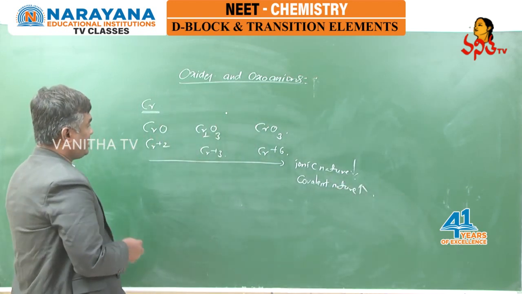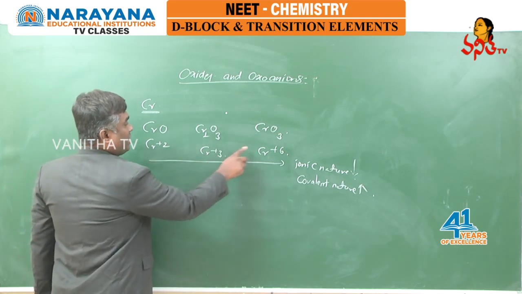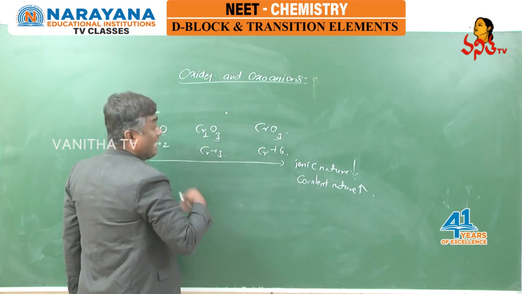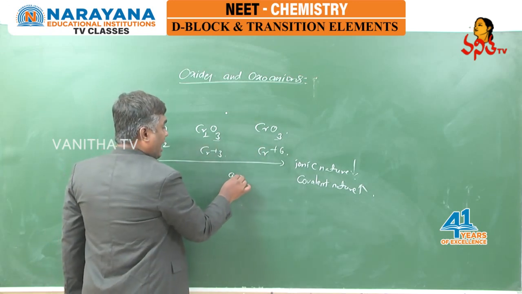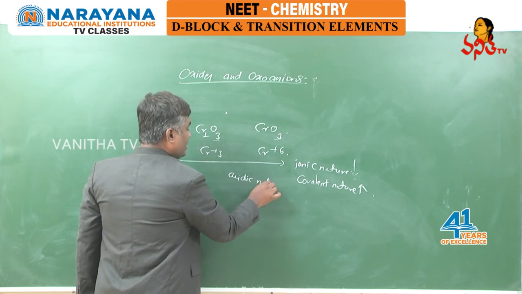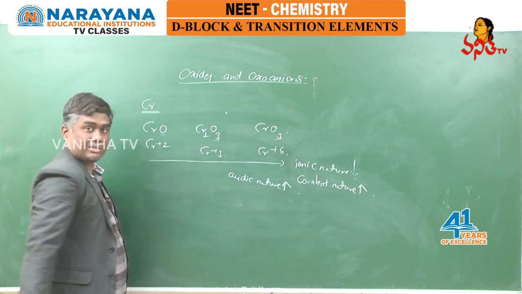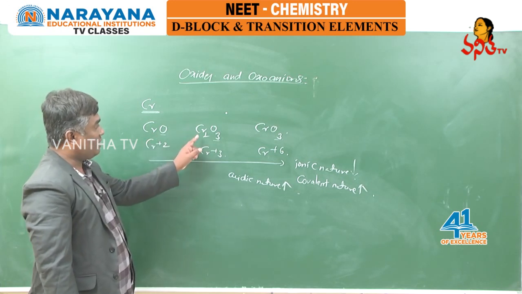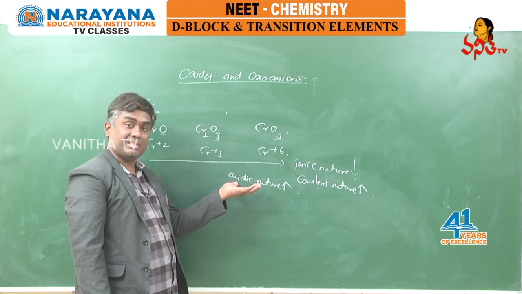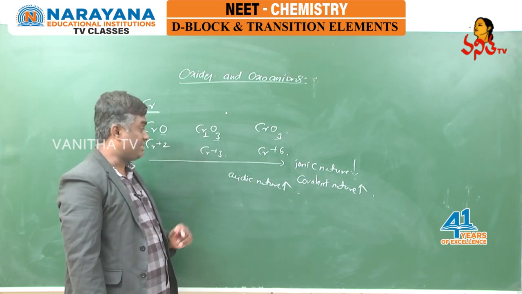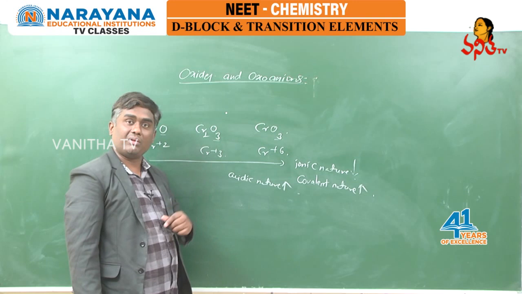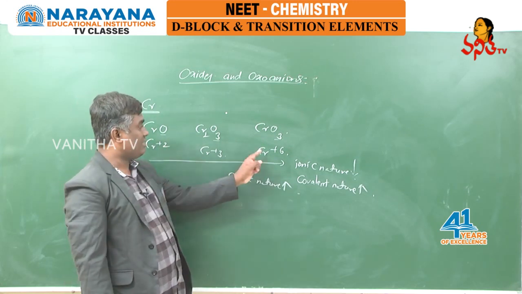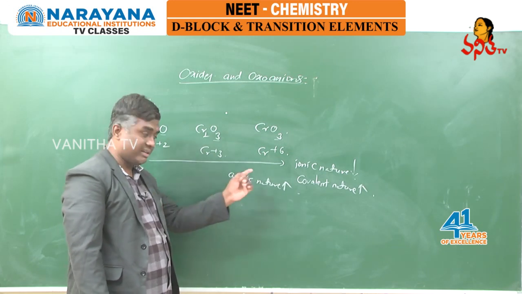And here only we can say, as oxidation number is increasing, otherwise as the amount of oxygen increases, comparatively we can say acidic nature also increases. Means from CrO to Cr2O3 and from Cr2O3 to CrO3, acidic nature is gradually increasing. The reason behind this is, as the amount of oxygen comparatively increases, acidic nature increases. Otherwise, as the oxidation state of this metal ion increases, acidic nature also increases.